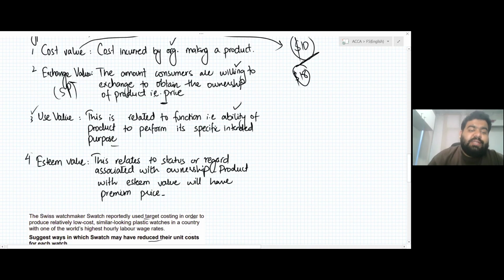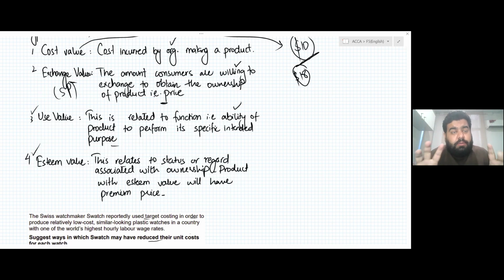And at last, there is esteem value. Esteem value is basically related to status or regard. For example, there are basic level cars as well, but some big cars are there like GMCs, Lamborghini, Bugatti, and those types of cars. Obviously you are paying a lot for that. Why? Are they using more metal on that? No. Are they using something very costly on that?